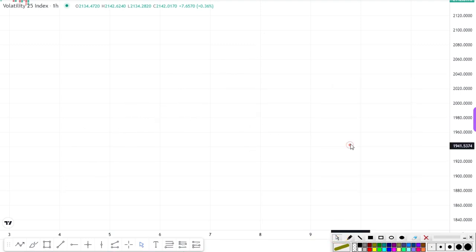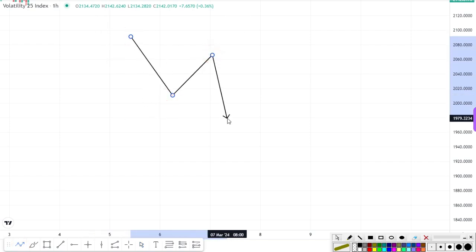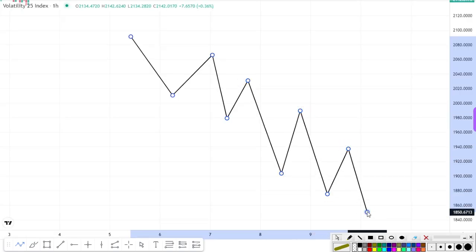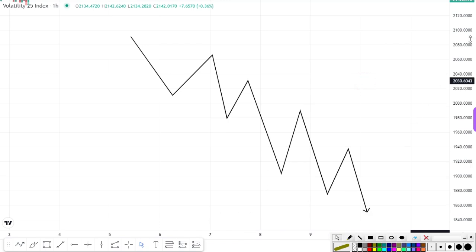So this here is a downtrending example. At this point we have our liquidity resting above here. Sorry about that.